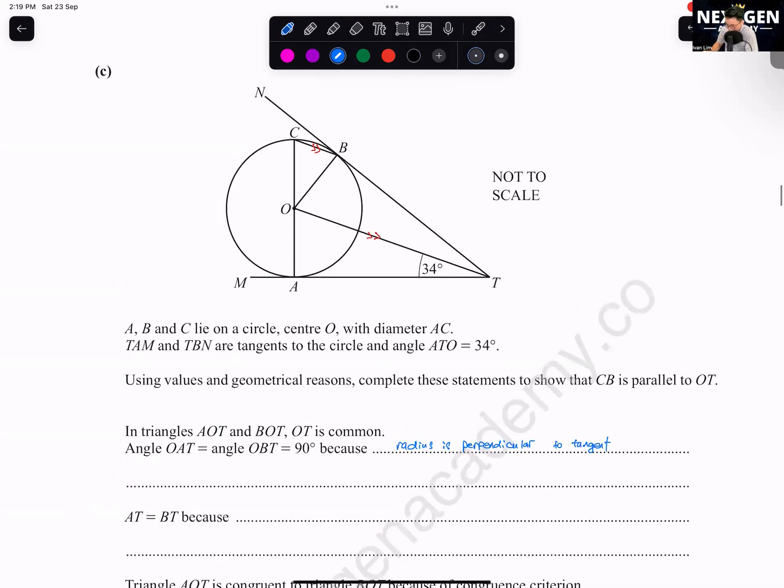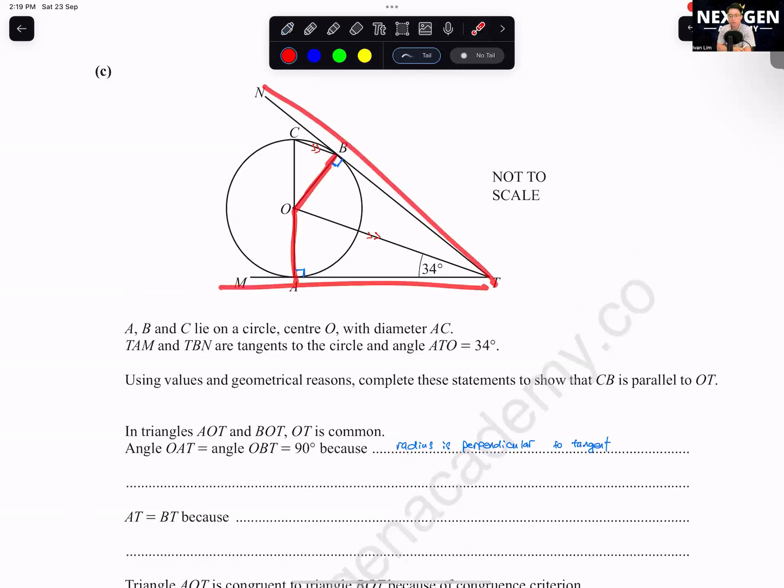So OA and OB, these two are radius, right? And then this is the tangent. So we know one of the properties is there are 90 degrees between the radius and the tangent.